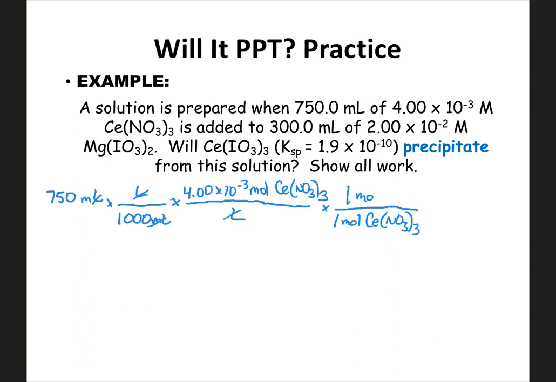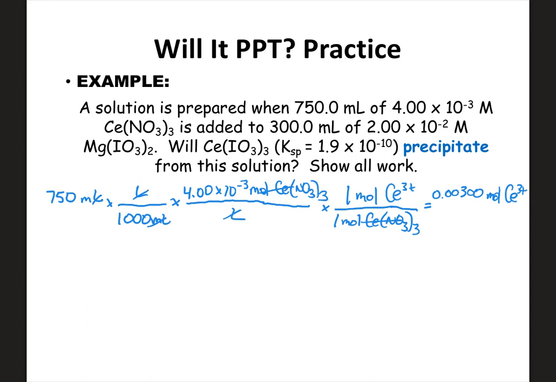Well, there's only 1 mole of the Ce3+. There's only 1 Ce3+ in the compound. So my units cancel here, and now I'm in moles of the Ce3+. So when I calculate this, I get 0.00300 moles of the Ce3+.